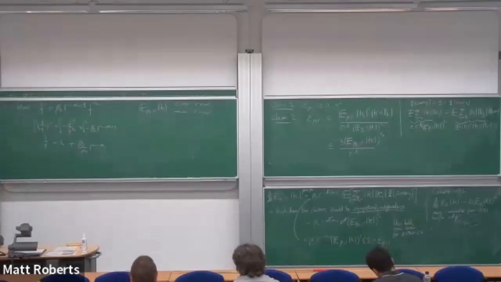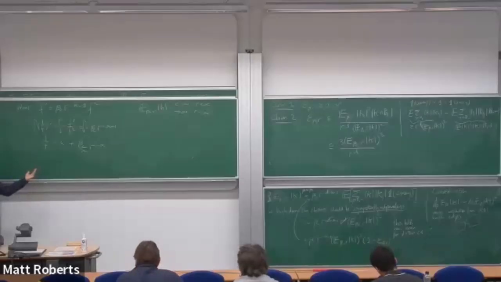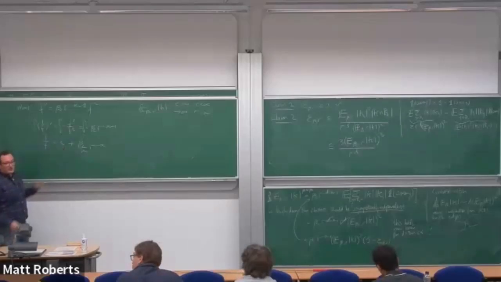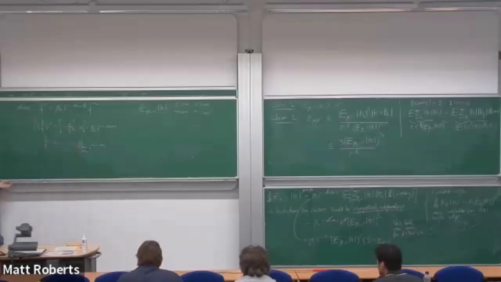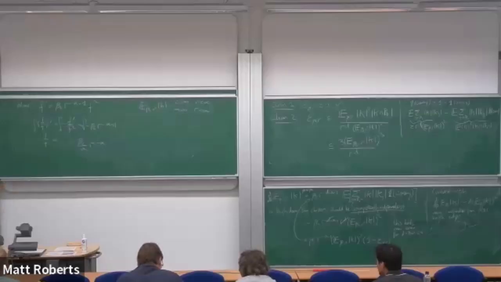Okay. And we know we're interested in the solution that goes to infinity as R goes to infinity and not before. So that means actually this constant should be 0. Okay. Good.